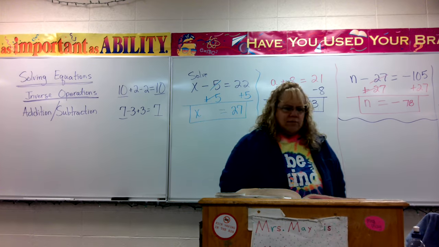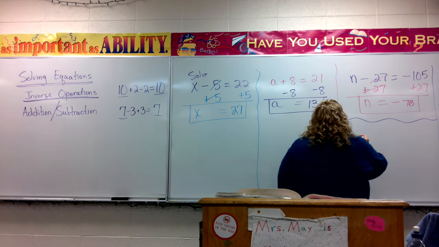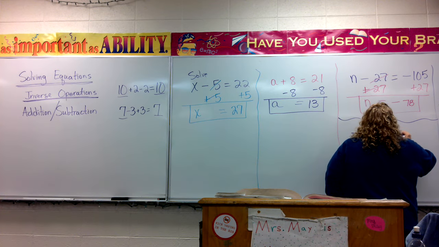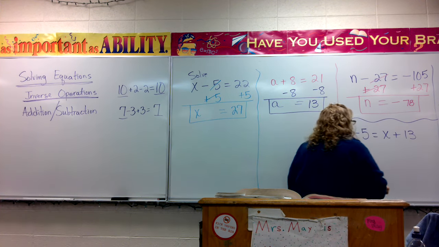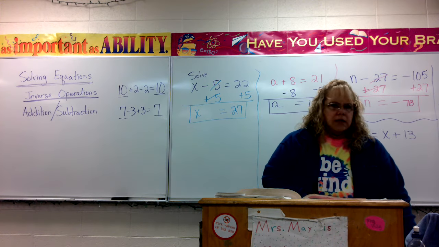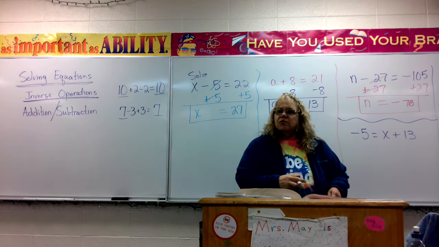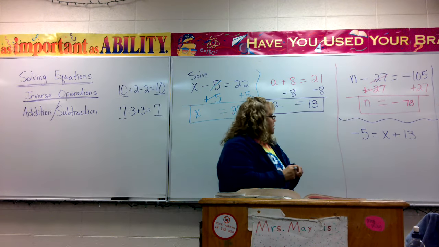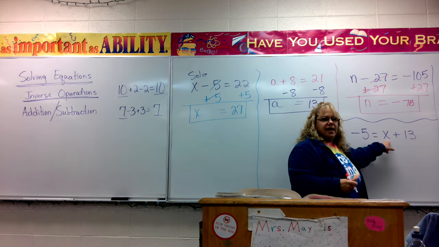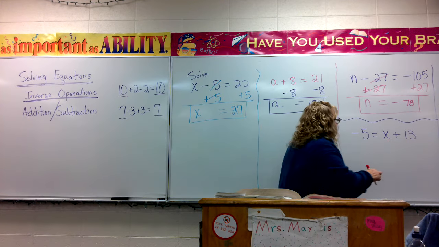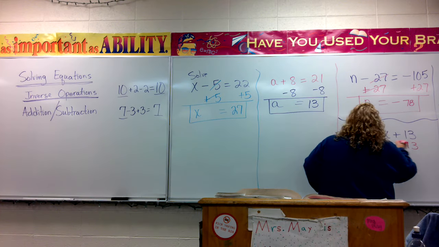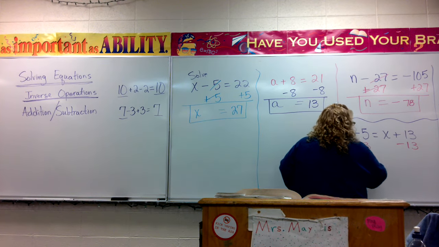Oh, let's do one more just for fun. -5 equals x plus 13. What do you do for that one? What do you do, Audra? Subtract 13. We want to get the x by itself, right? So you have a plus 13 with it, -13, -13.